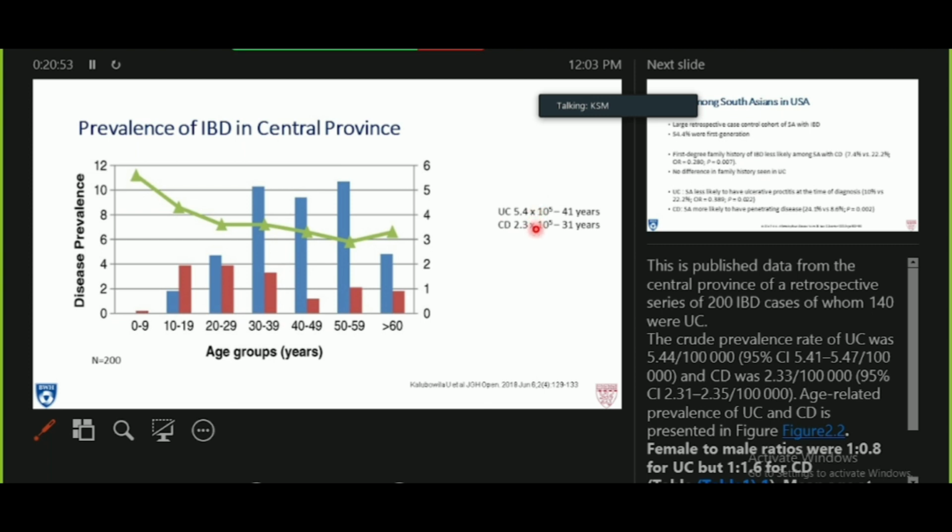So less than half of the patients in that cohort were Crohn's patients compared to UC patients. The patients with Crohn's disease were younger at the time of diagnosis, roughly about 31 to 32 years, and those with ulcerative colitis were 41 to 42 years in age. It's possible that the younger age of diagnosis for the Crohn's disease patients might also be related to the fact that these individuals might have been sicker and so may have even presented earlier.